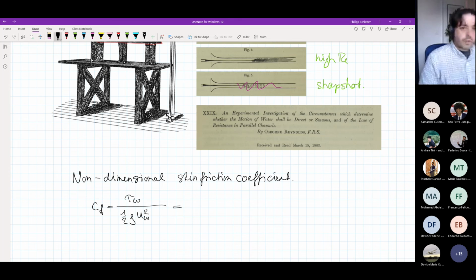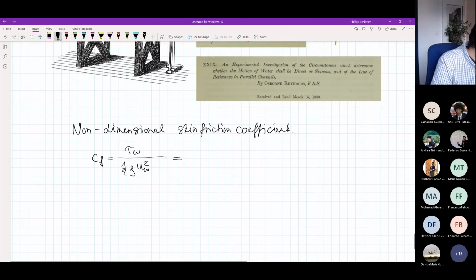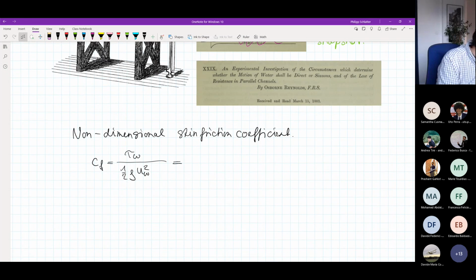Now I can go on a little bit. I can take the expression for tau w that we have introduced above, mu times uw divided by h. So we get mu divided by rho, then we have 2 uw divided by uw squared times h. I just put in the expression for tau wall.